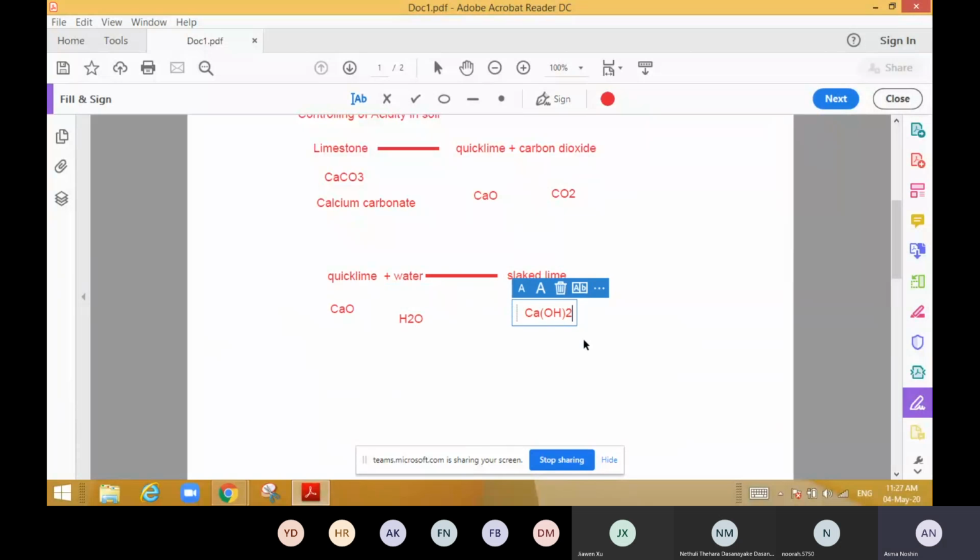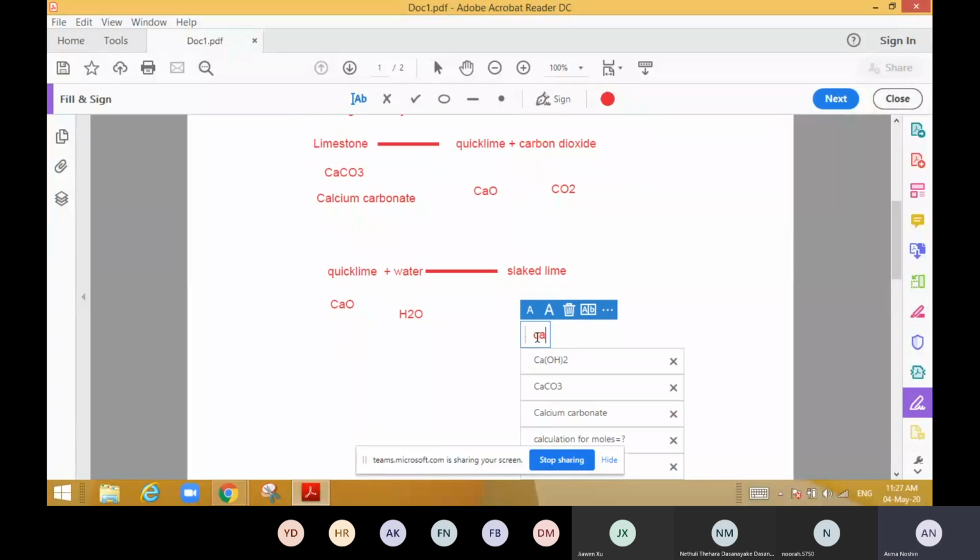Basically, this is the thing which we use to cut down acidity in the soil. This is the specific alkaline solution which we use to cut down the acidity of a soil. And if you want, I will write the name over here. This is calcium hydroxide, used to cut down acidity in the soil.